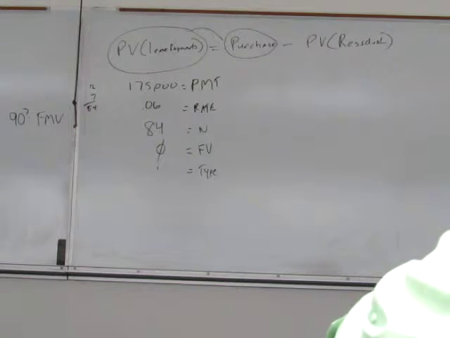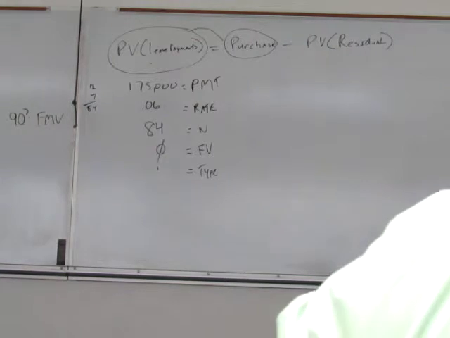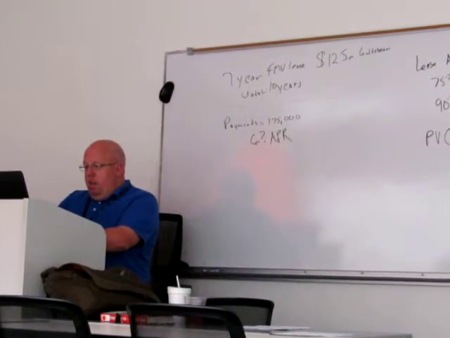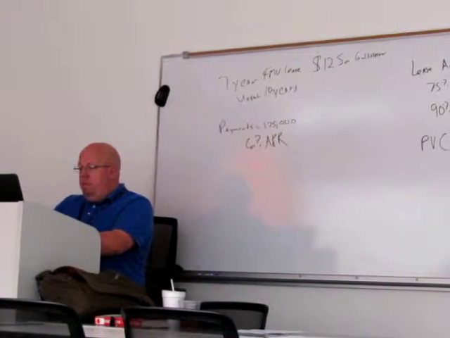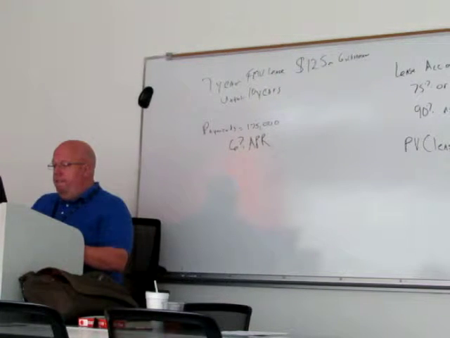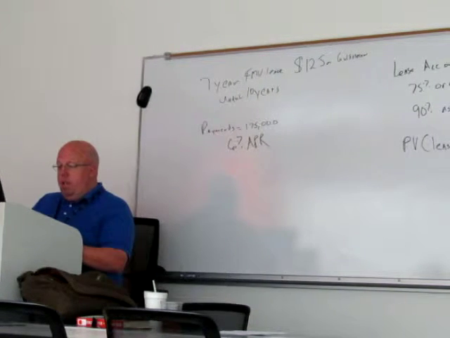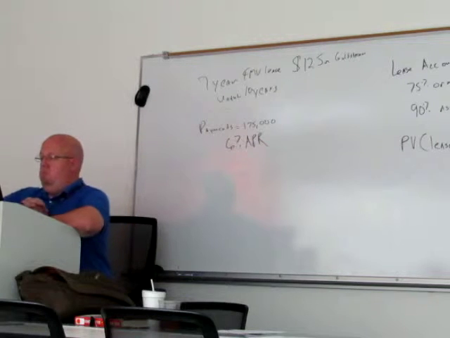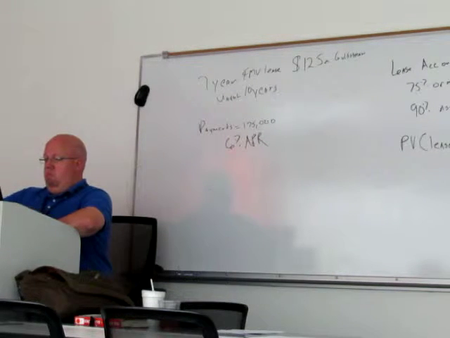How many? 84 months. What's my payment? Usually we make payment negative because it's coming out of my pocket. Future value 0. Payment is 175.